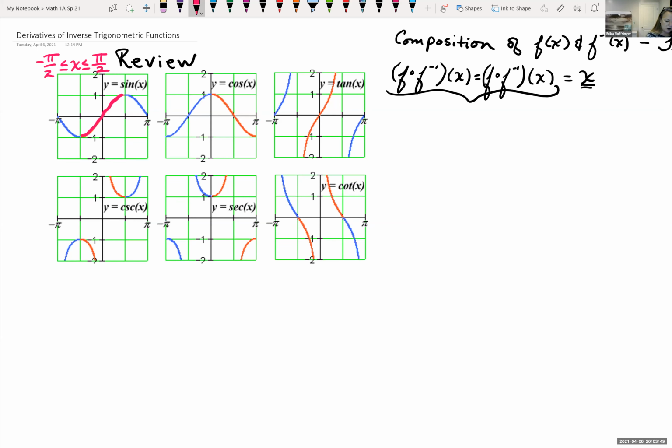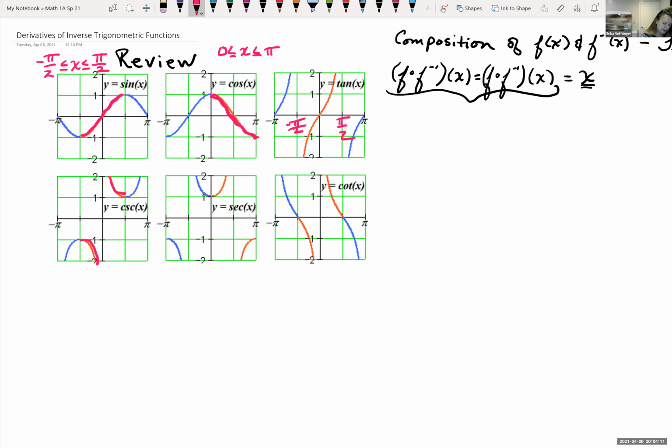If you look at cosine, to make this a one-to-one function, we had to limit our domain between 0, including 0, and pi. Tangent was between negative pi halves and positive pi halves.